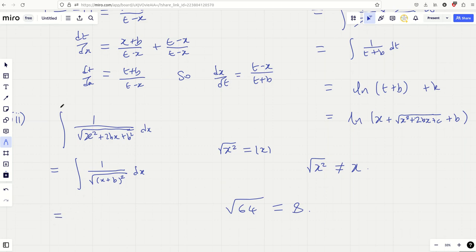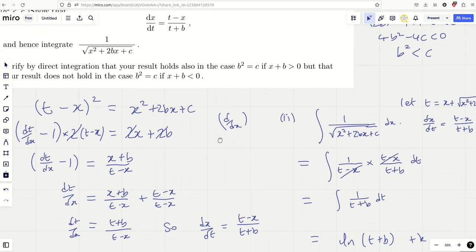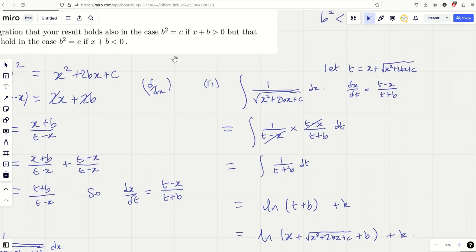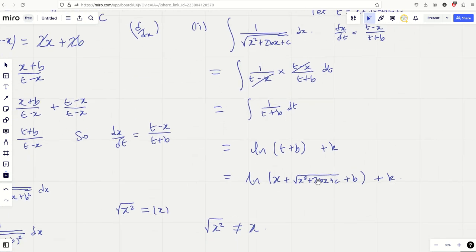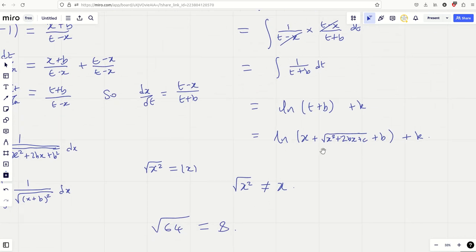Okay, so this is the bit I haven't worked through yet, but this is the reason why it doesn't hold. And also, by the way, I looked at this and I understood what I was saying straight away here, just because if b squared equals c, it's possible for this to equal 0, yeah? And so if x plus b is negative, then you're going to be learning a negative number, and that's what makes no sense, yeah?